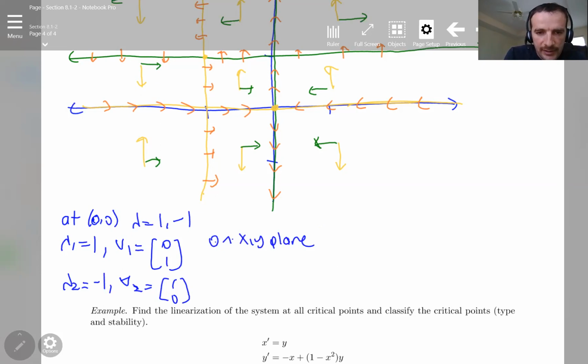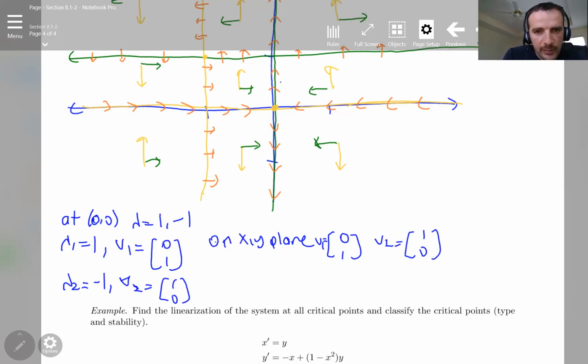So V1 is (0, 1) and V2 is (1, 0). So (0, 1) gives x is 0, y is 1, the vertical one.